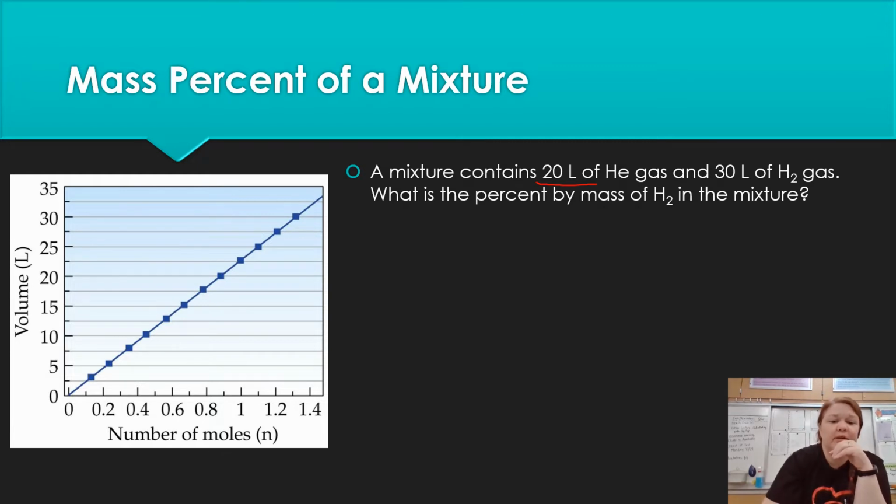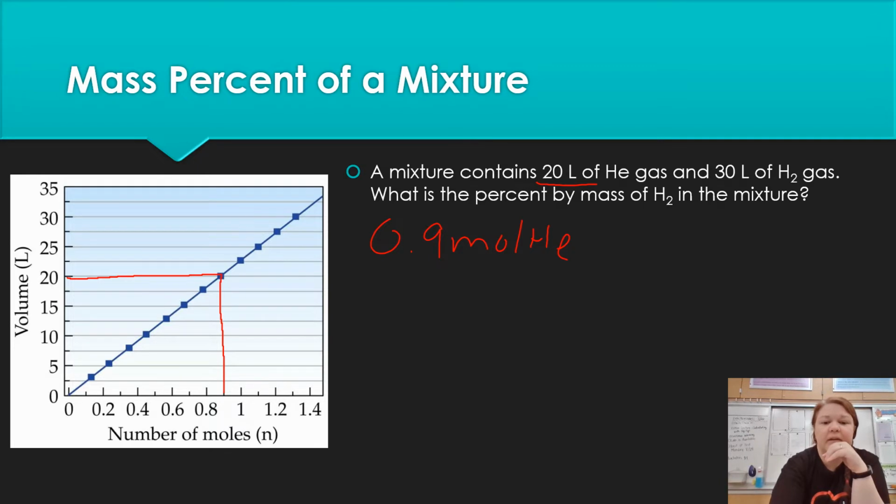If we go up to 20, that would be here, and we draw a line, and then we do this straight down as best we can. That looks like 0.9 moles of helium.